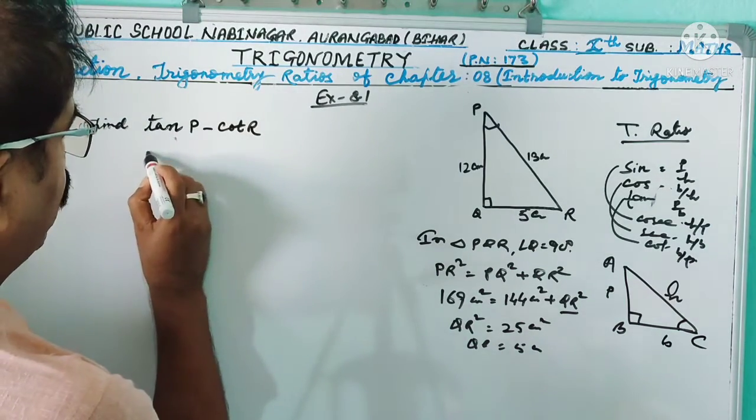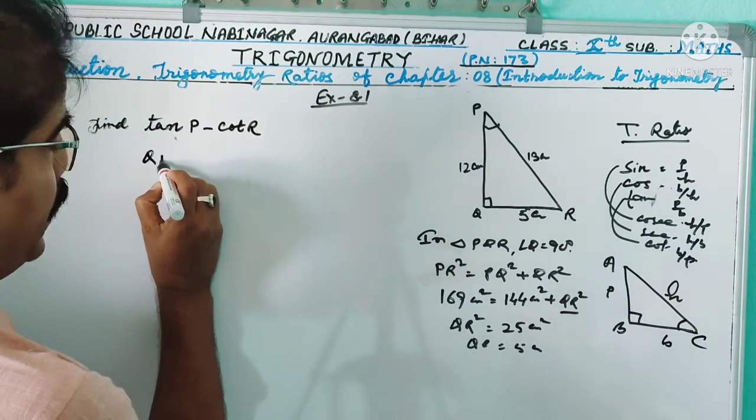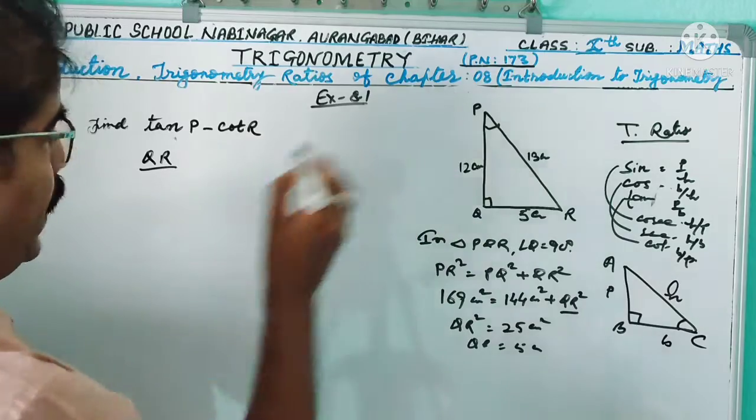So tan P equal to perpendicular by base.